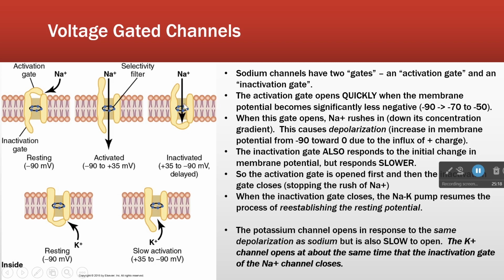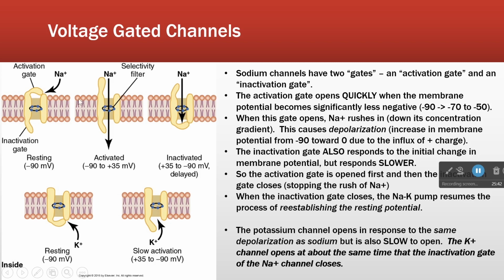So we have three states for our sodium channel. We have resting, where the activation gate is closed, activated, where both gates are open and sodium is flowing through. And then we have inactivated, where the inactivation gate is closed, blocking further motion.